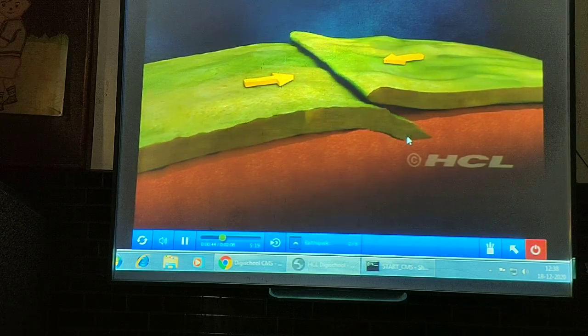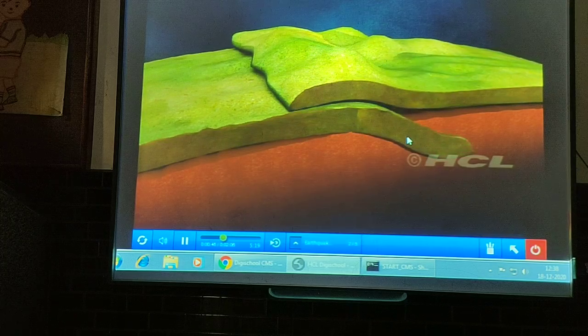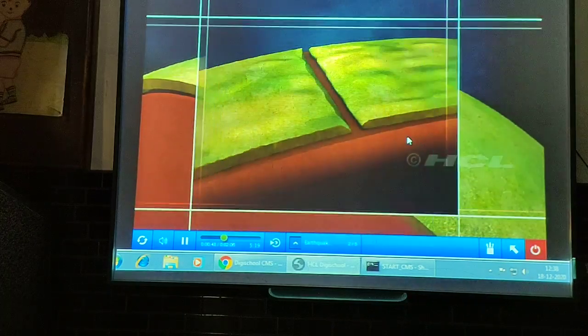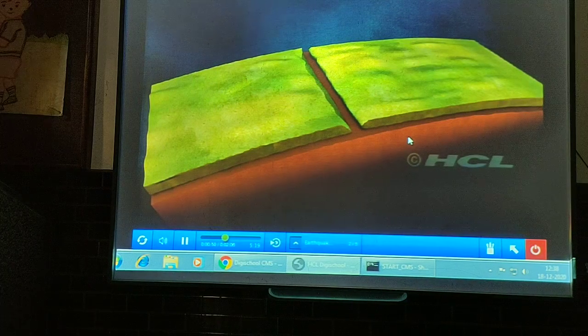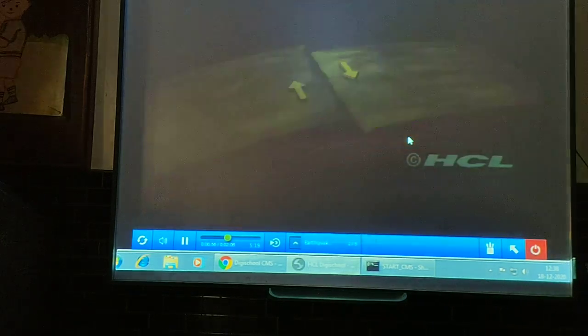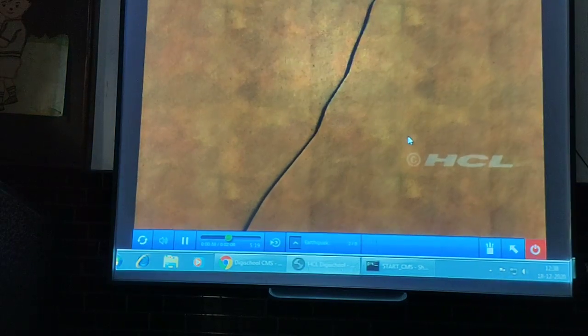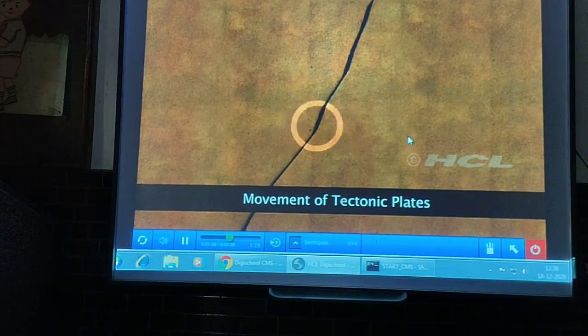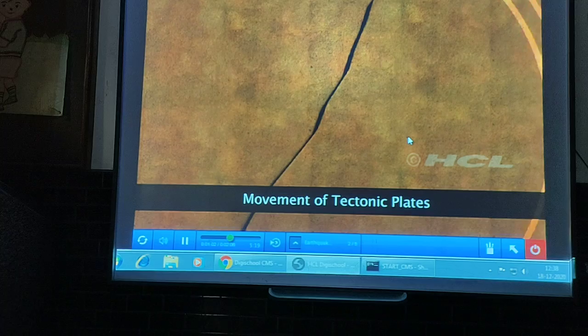However, sometimes one plate may move over the other, or the plates may resist each other to cause tremors. Such underlying movements cause disturbances on the Earth's surface.